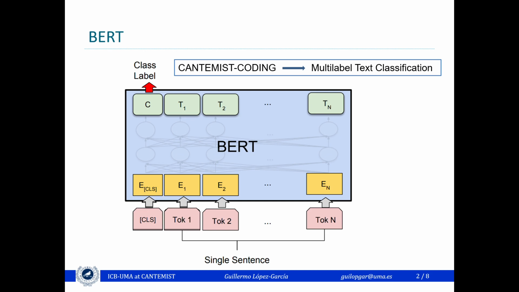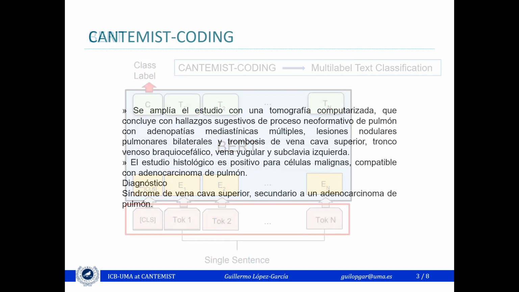The main problem we faced was that BERT can only process a sequence of subtokens with a maximum size n, with n equals 512. However, most of the clinical documents present in the CANTEMIST corpus have a subtoken sequence size clearly above the maximum length supported by BERT.